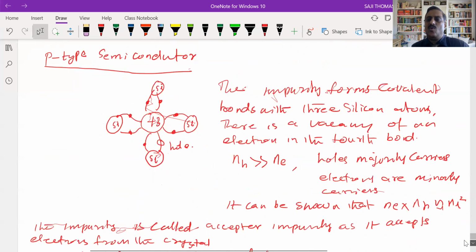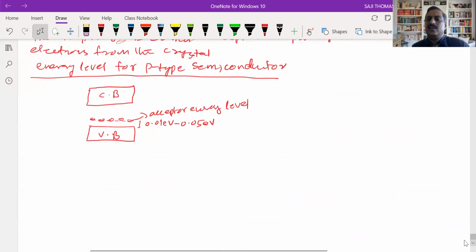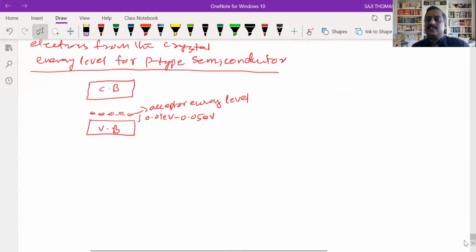Second, holes are the majority carriers and electrons are the minority carriers. Third, Ne into NH is nearly equal to Ni square. And the crystal structure maintains charge neutrality.